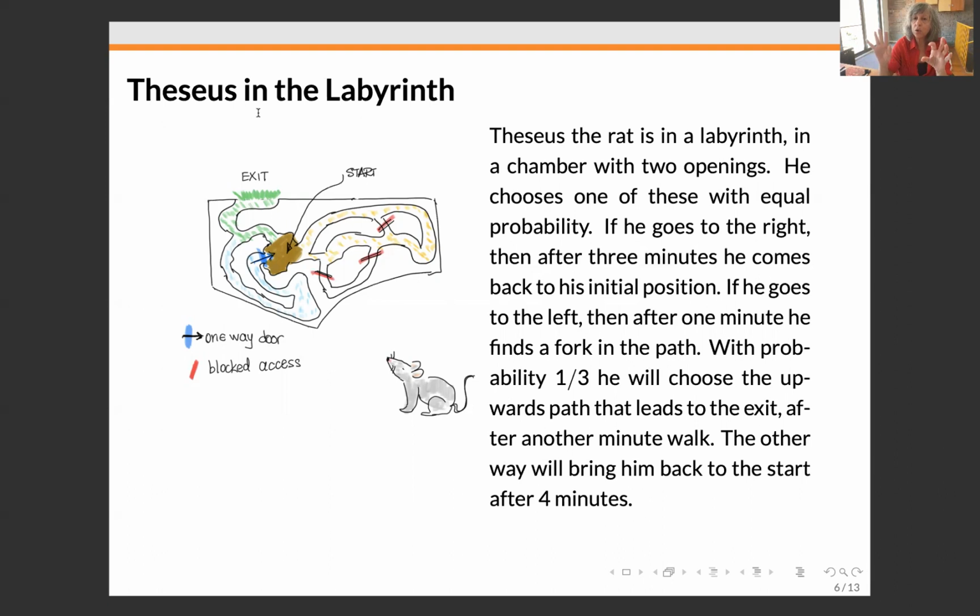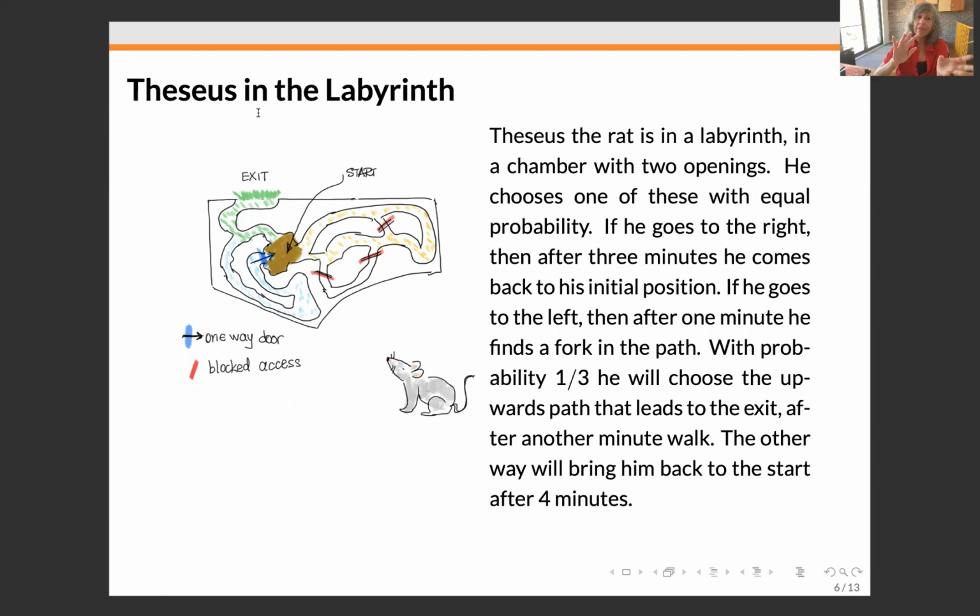If he goes to the right, which is the yellow path, then after a 3-minute walk he's going to come back to the initial chamber where he was. If he chooses left, after 1 minute the path bifurcates: he's either going to continue on the green path or go on the blue path.